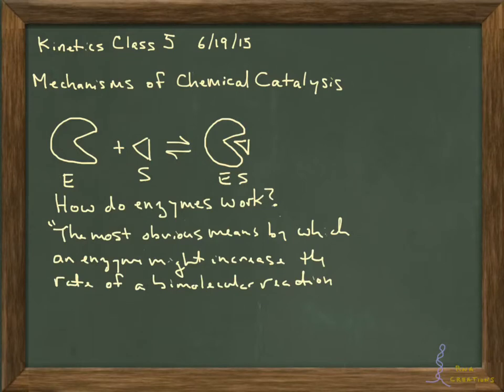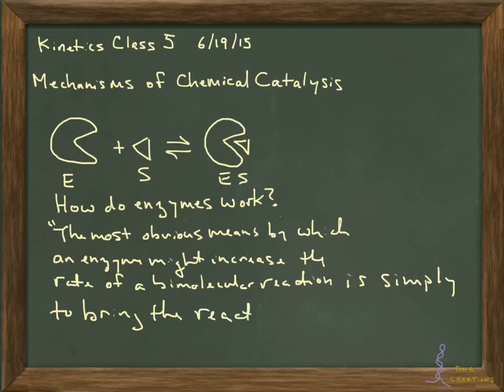So the most obvious means by which an enzyme might increase the rate of a bimolecular reaction is simply to do what? Bring them closer together. Yes, yes. Bring the reacting molecules together. And I'm copying this verbatim: bring the reacting molecules together at the active site of an enzyme.